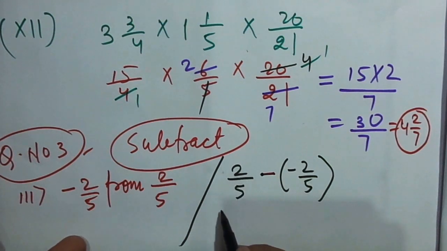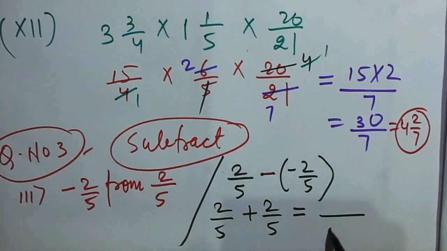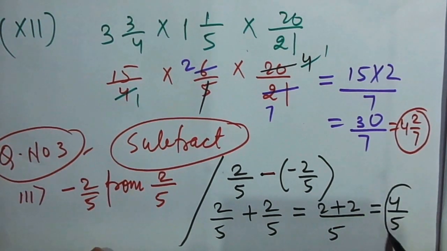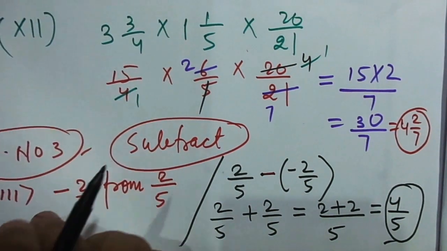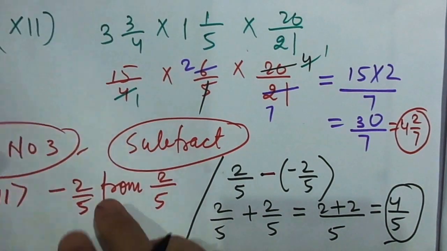Therefore, here you will get 2 by 5 plus 2 by 5, which will be equal to 2 plus 2 by 5, because the denominators are same, is equal to 4 by 5 is your solution, isn't it? Now, let's come to number 5, which is easier one.